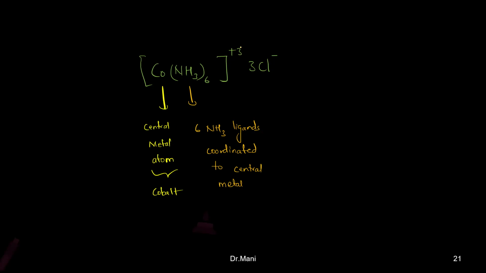So +3 is the overall charge, and it is balanced by the 3 Cl minuses. So here the Cl minus acts like a counter ion to balance this +3 charge present on this coordination compound.